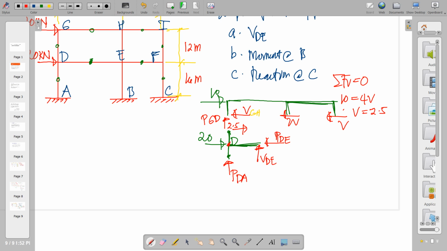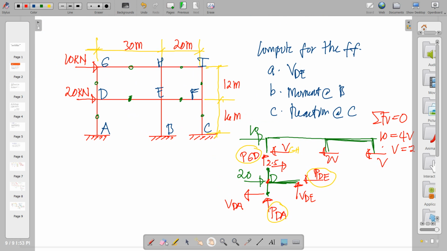Okay, so taking moments at this point, these three forces will just have no moment arm, will coincide with D, and then what is left, the 2.5 and the shear along D. And I forgot, there will be also shear force along DA, and that could be obtained by considering the whole structure.